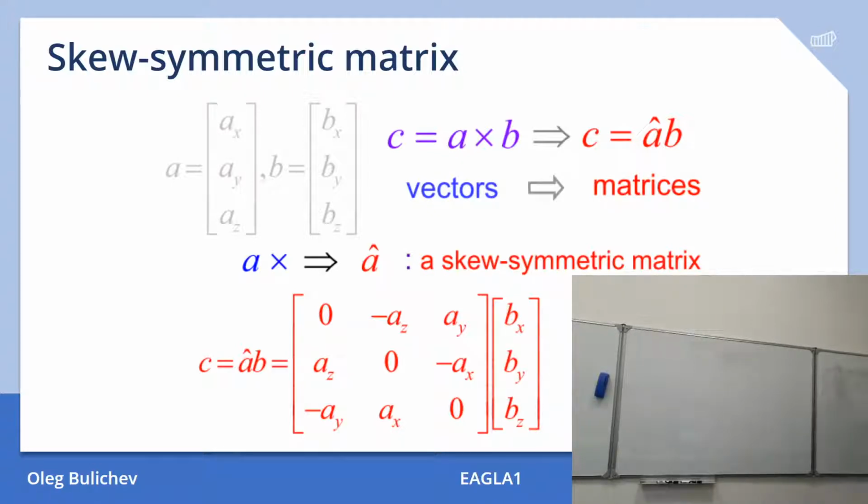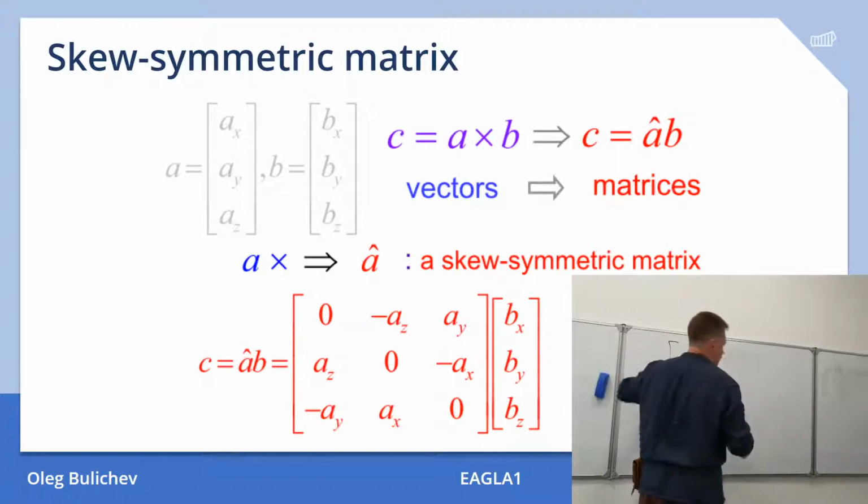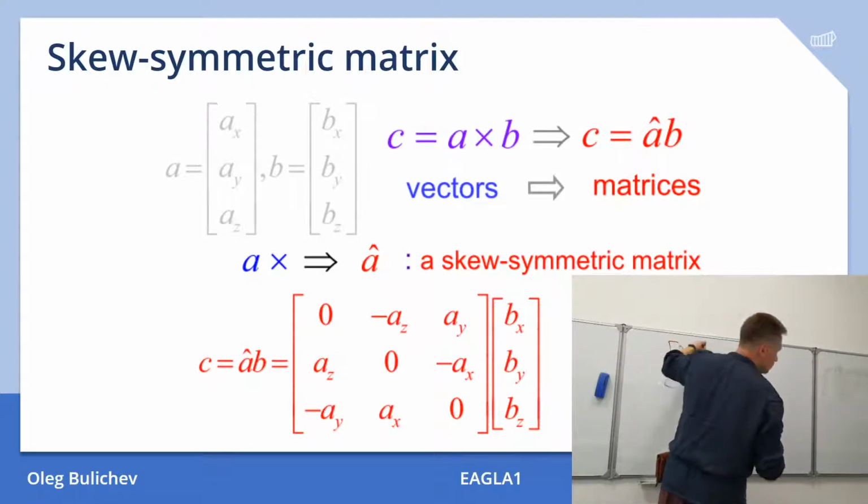I will show you. As for me, yes, there are some techniques, but the easiest way is that you have the rows and columns, and you need to do it like a dummy, like this. So you write it: 0, minus Az, Ay, Az.